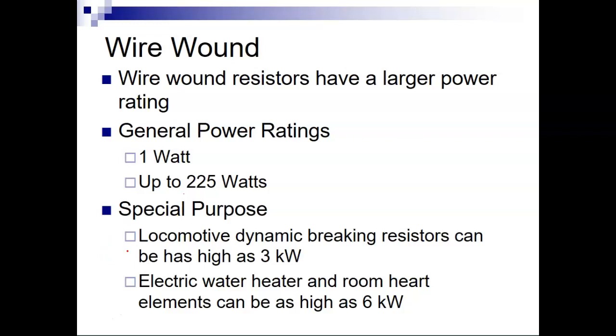A locomotive dynamic braking resistor can be as high as 3 kilowatts. Room heater and water heater elements can be as high as 6 kilowatts. What this essentially is, is wire that is wound around in a coil and used as a heating element.